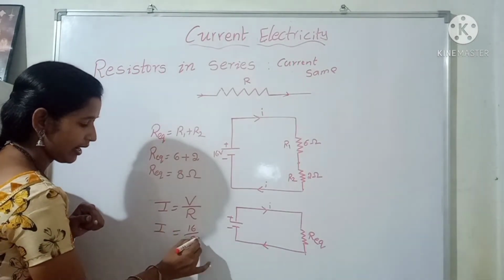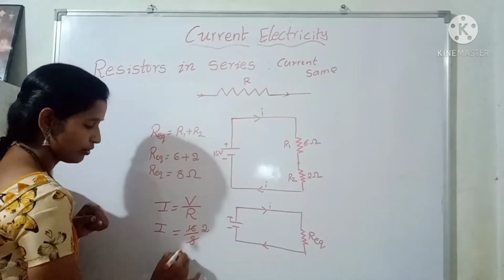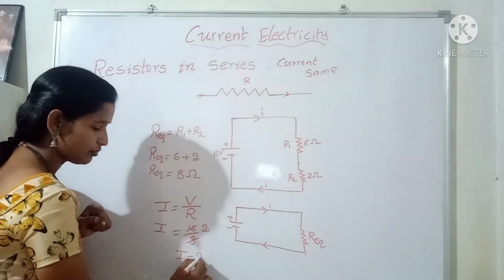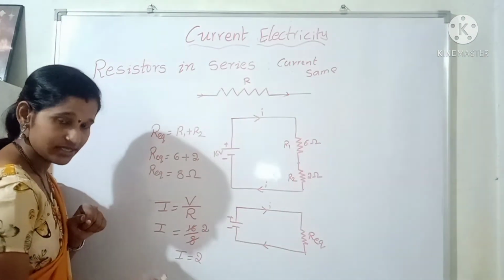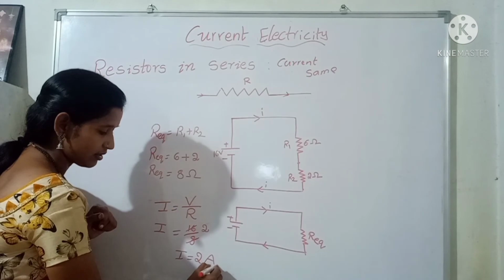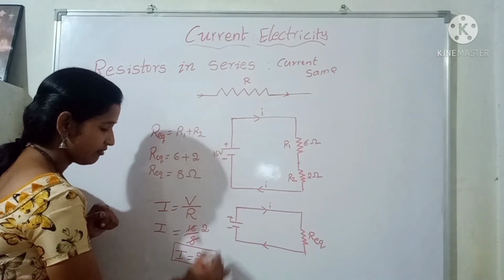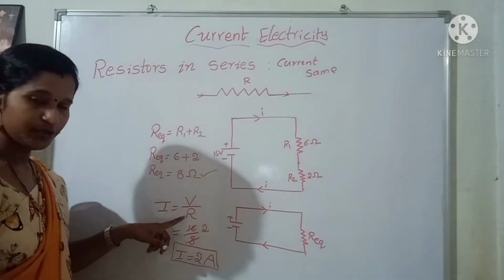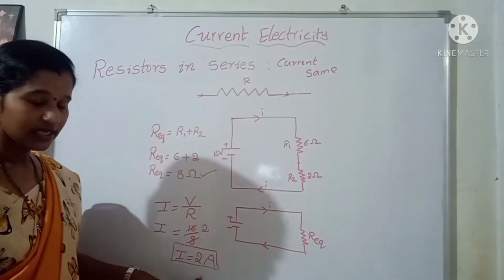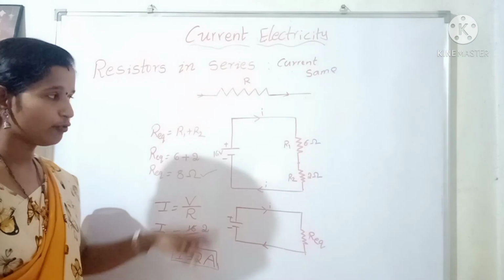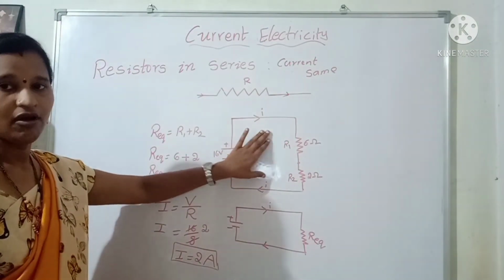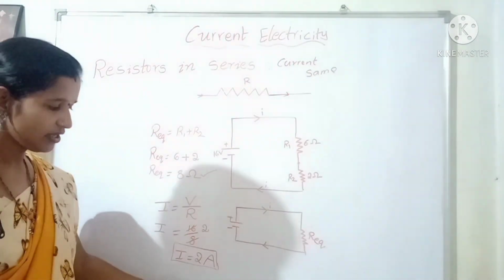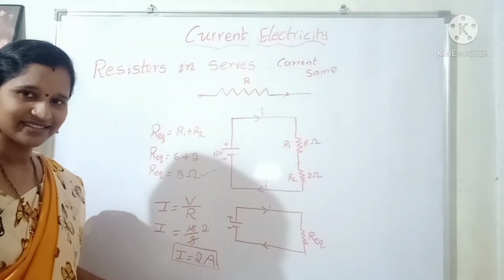So 16 by 8 is 2. What is the SI unit of current? Ampere. So in this circuit, we simply find the equivalent resistance and then substitute it in the formula for I, and we get the current flowing in the circuit, which is 2 ampere. Thank you.